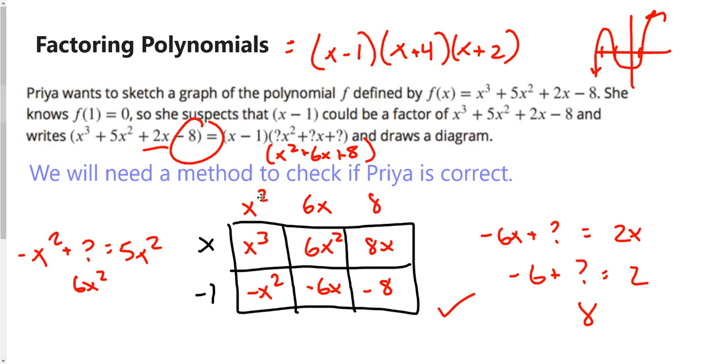We figured out how many times x went into x to the third. And then we calculated the next term, x squared times -1. Then we looked at these two and said, how far off are we from the true answer of 5x squared? So we subtracted 5x squared minus -x squared, and that produces 6x squared.